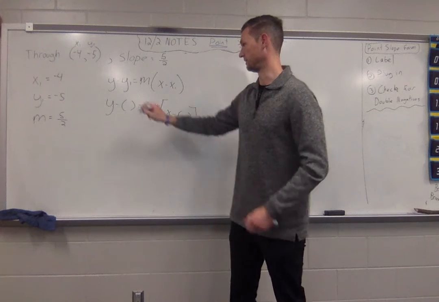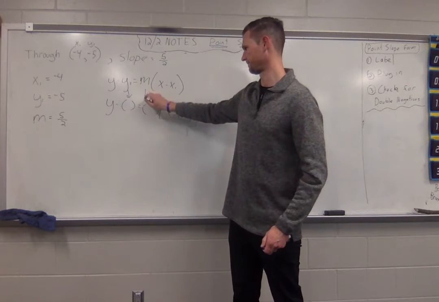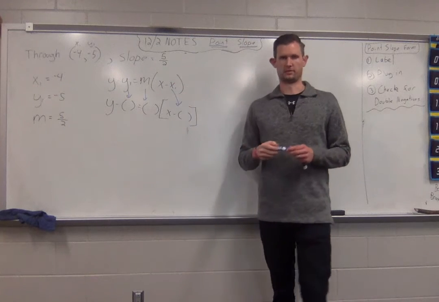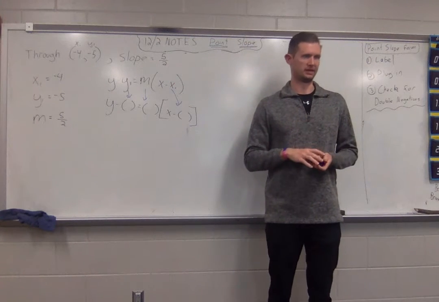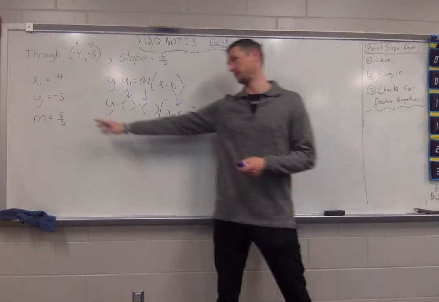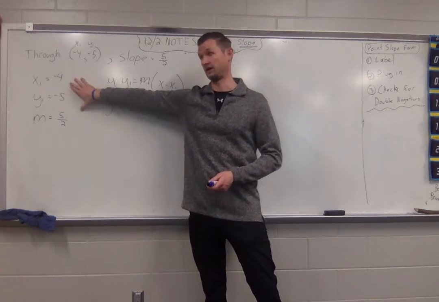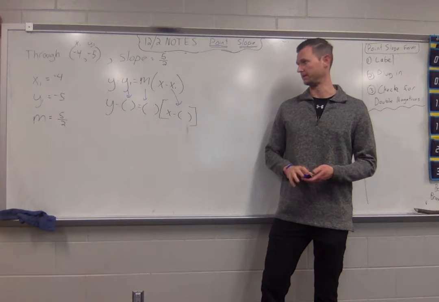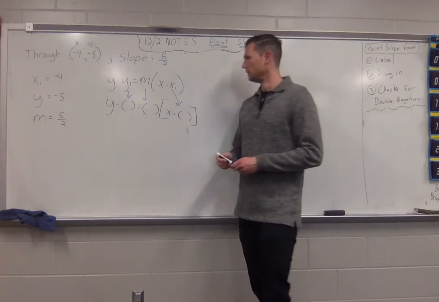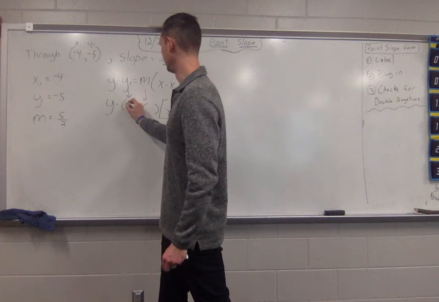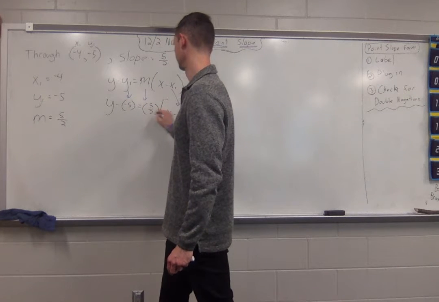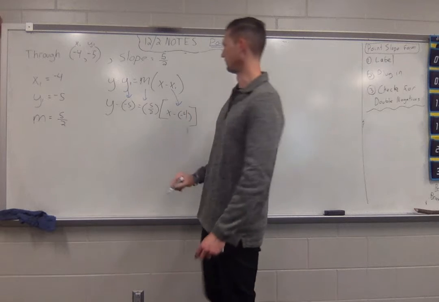So I just need to make sure that I put the correct thing in the correct area. And when we were doing a lot of the plugging in, I saw a lot of people plugging in the correct stuff here, but putting it in the wrong area here. Make sure you're putting it in the right area. y1 -5, 5 halves, -4.